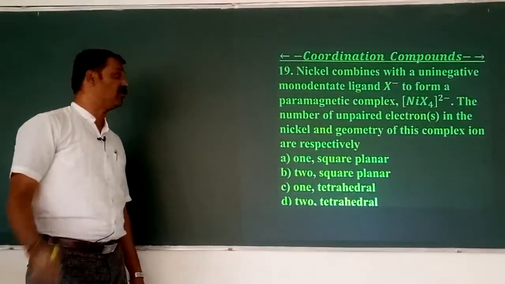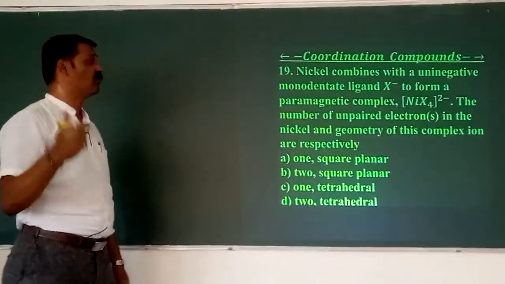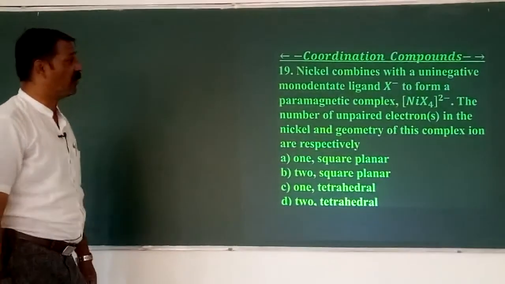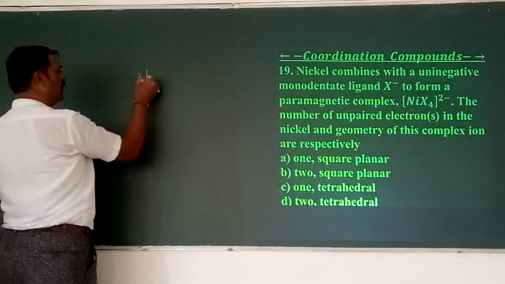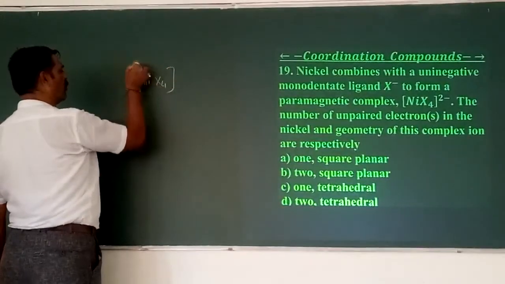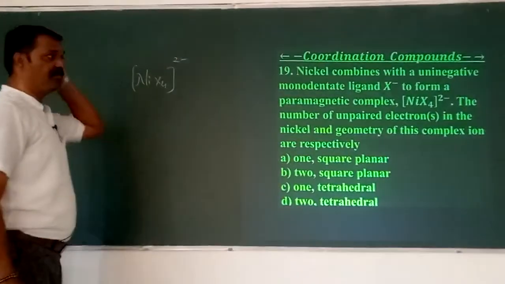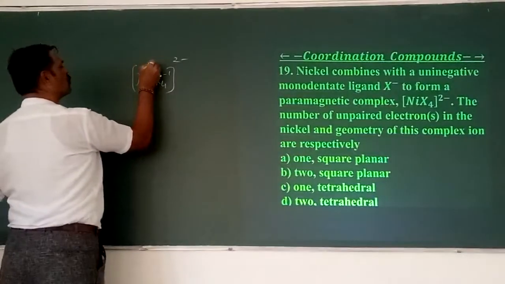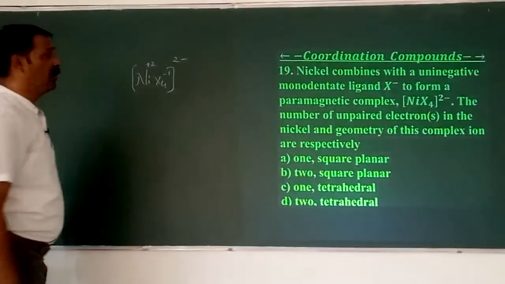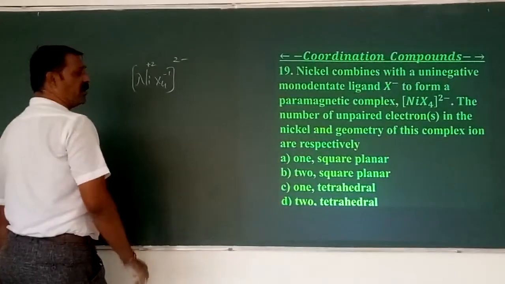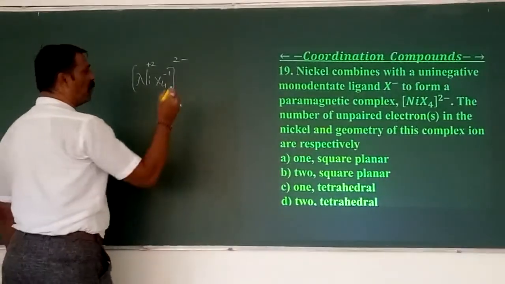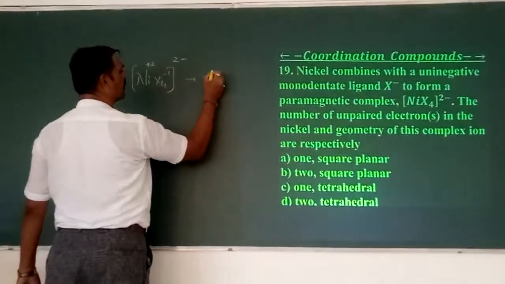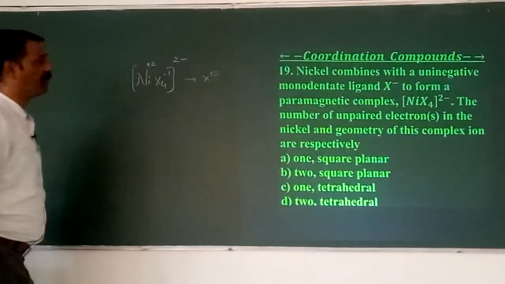The number of unpaired electrons in the nickel and the geometry of that one are respectively what and what? NiX4 2 minus. As X is minus 1, it is plus 2. X minus is a monodentate ligand.